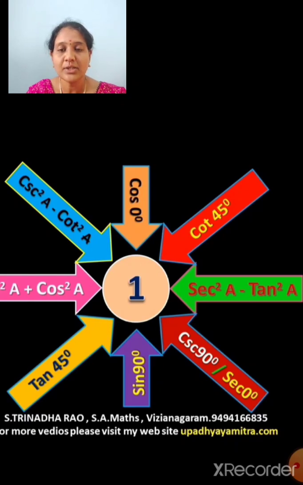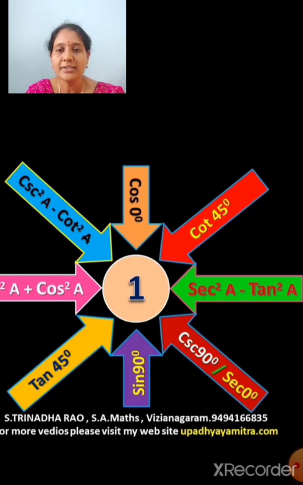Cos 0 is equal to 1, sin 90 is equal to 1, tan 45 is equal to 1, cot 45 is equal to 1. So that is for the different angles of different trigonometric ratios, because 0, 90, 45 are three angles for the different ratios sin, cos, tan, cot.